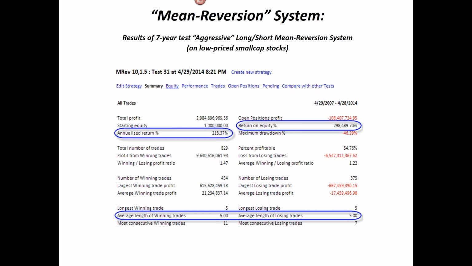I also wanted to show you this. This was a system that I trained to always close out the position after 5 trading days, no matter what. 5 trading days, you should know this, is the maximal gain per day length of time to hold a mean reversion trade.